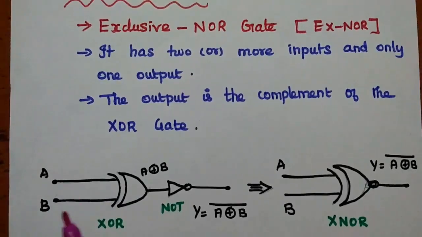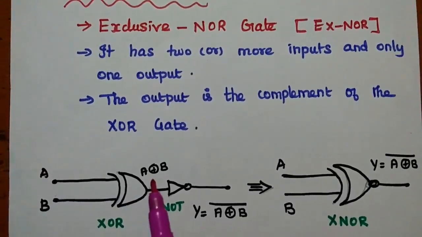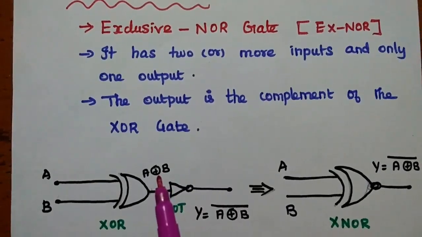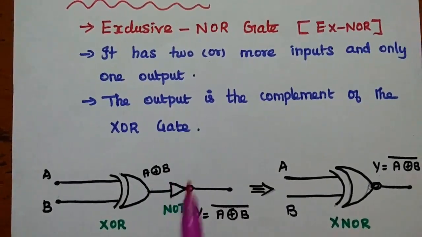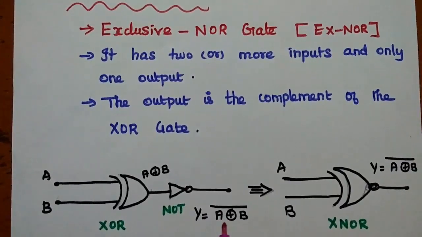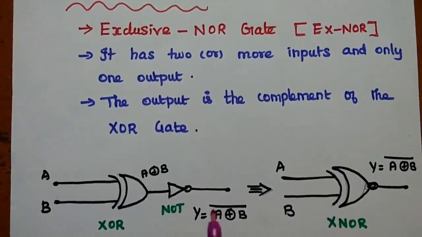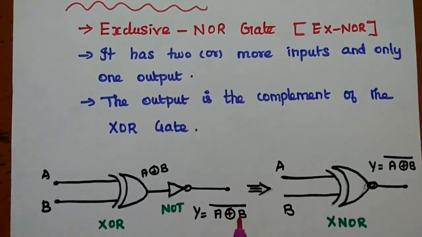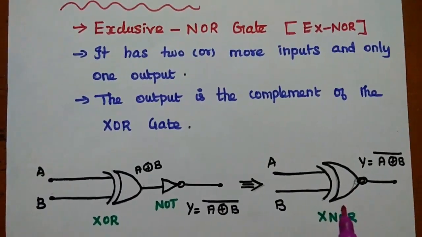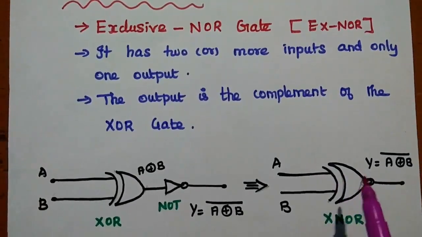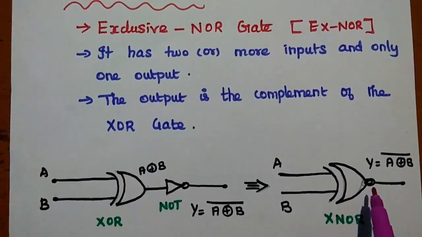Consider two inputs A and B. This is the XOR gate. The XOR gate produces A XOR B. This is the XOR symbol. The complement of this XOR gate is nothing but A XOR B the whole bar. This is the output of the XNOR gate. So this XNOR gate is simply represented like this: the XOR gate along with this bubble.